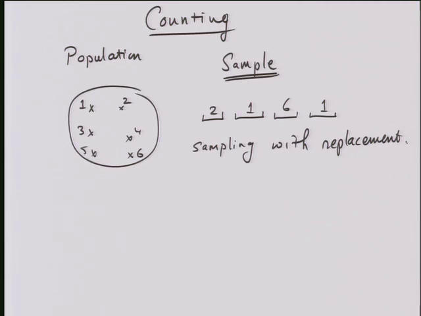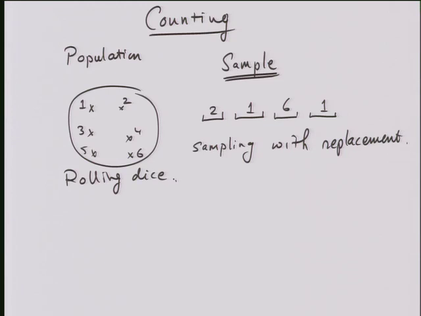So this would be a model of, for example, rolling dice. Either think of it as rolling 4 dice or rolling 1 die 4 times. So this gives you how many outcomes there were.